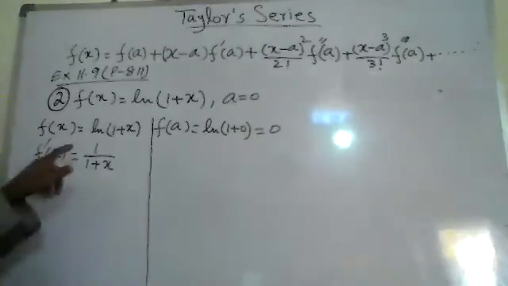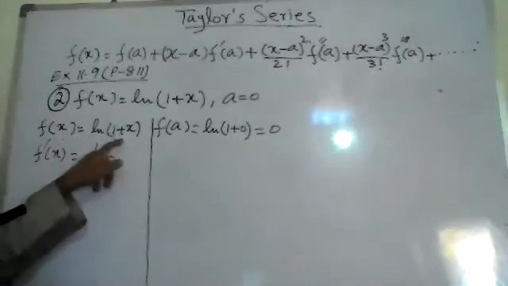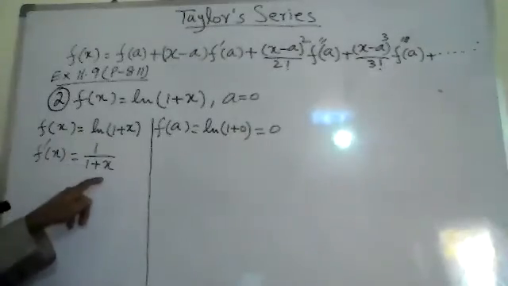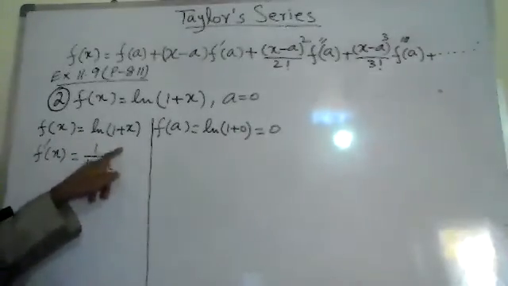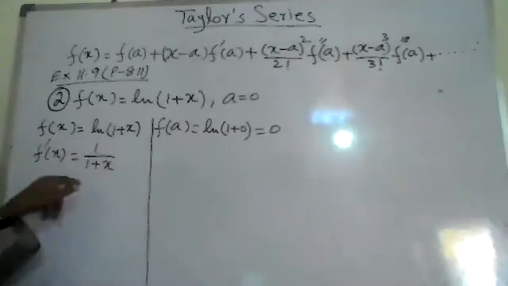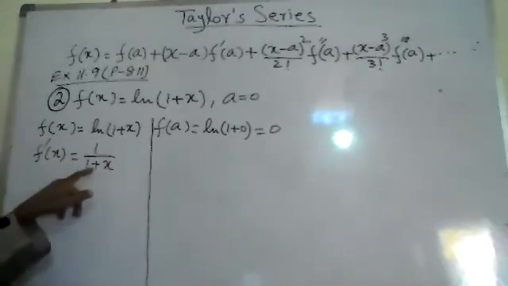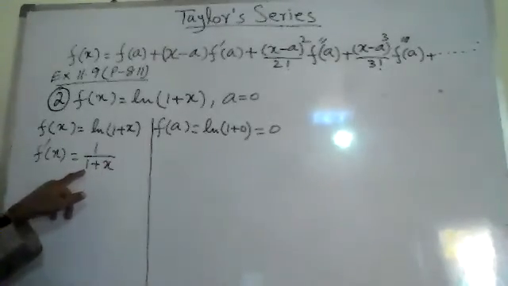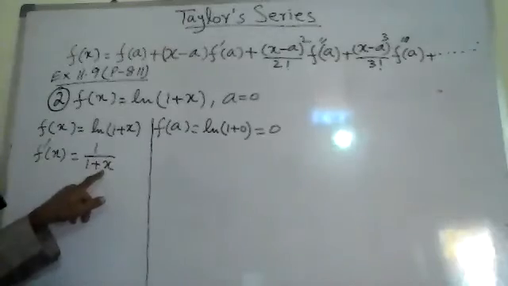The derivative of ln 1 plus x will be 1 upon 1 plus x into the derivative of 1 plus x. The derivative of 1 will be 0 and the derivative of x will be 1.